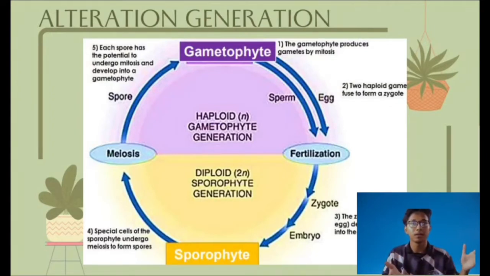After it is fertilized, it enters the diploid sporophyte generation. Special cells of the sporophyte undergo meiosis to form spores. And lastly, each spore has the potential to undergo mitosis and develop into a gametophyte. So it will enter back into the haploid gametophyte generation from the diploid sporophyte generation. So this cycle will keep repeating.